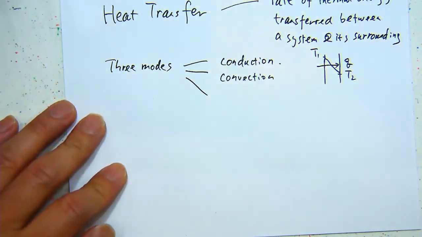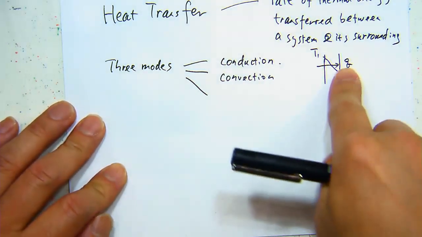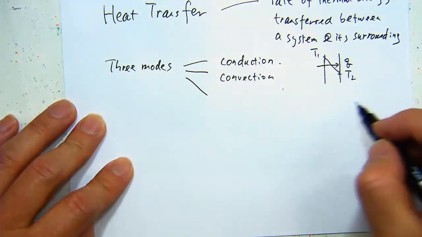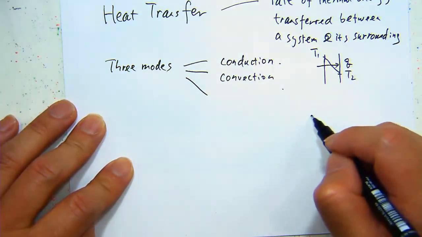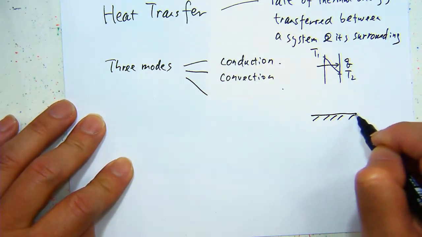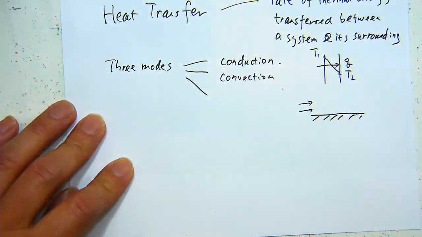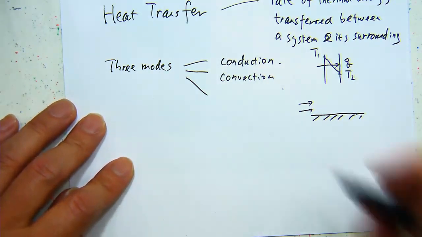Convection involves a flowing or moving fluid. In this case, for example, you have a surface, which is solid, and then you have a flow coming in. For example, this is a surface outside, and the air is blowing.